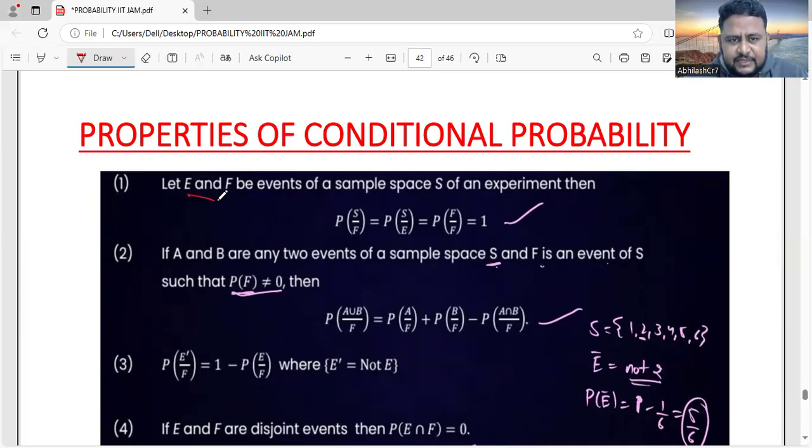Let E and F be two events of a sample space S of an experiment. That means the same experiment, same sample space, which will be S.